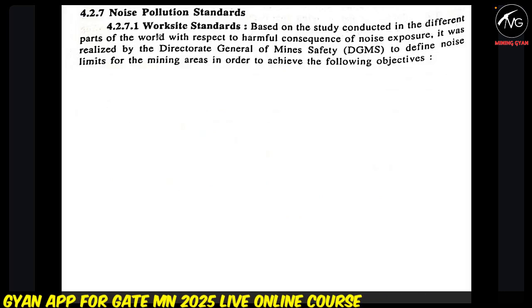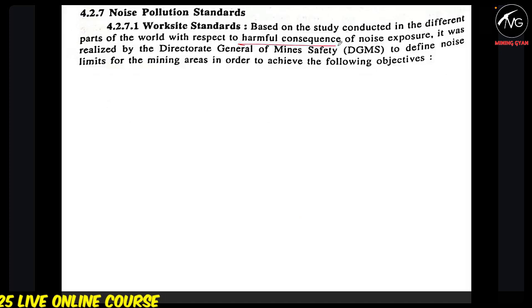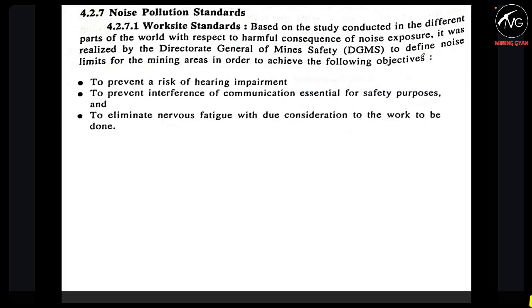Based on studies conducted in different parts of the world with respect to harmful consequences of noise exposure, it is realized by DGMS to define the noise limits. है ना? So DGMS has also defined the noise level. So why have they defined it? Because to prevent the risk to hearing, है ना? आपके कानों को बचाने के लिए.